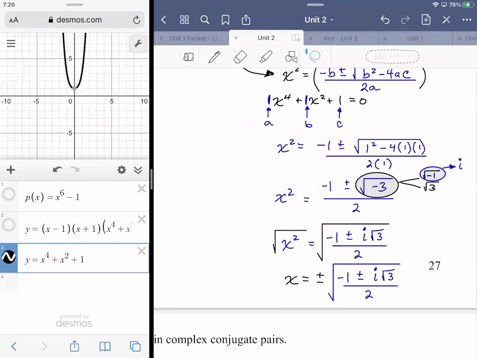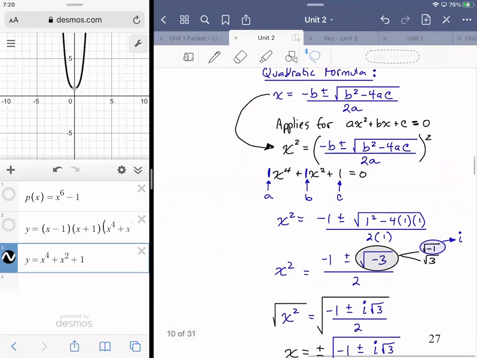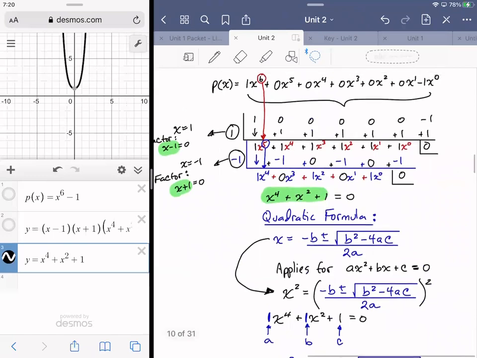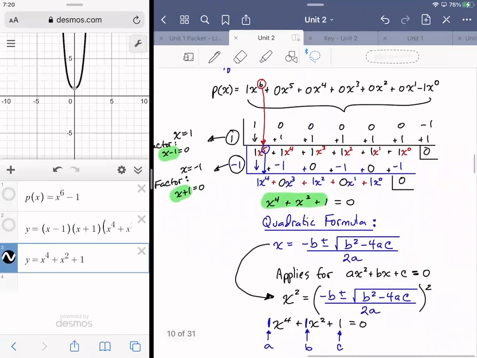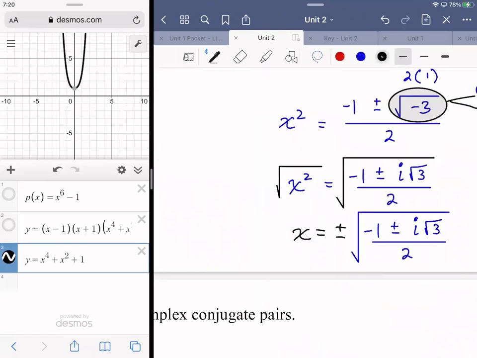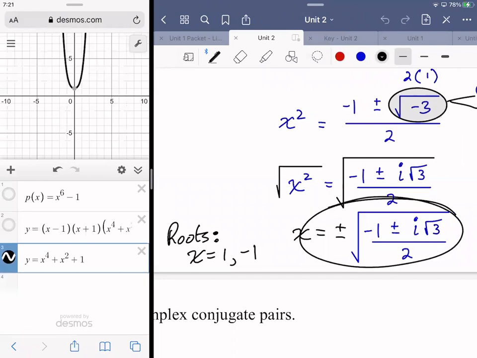But our roots, we got the two that worked, which would be a 1 and a -1. And then, believe it or not, there's 4 more roots in here. They're just complex roots, all right?